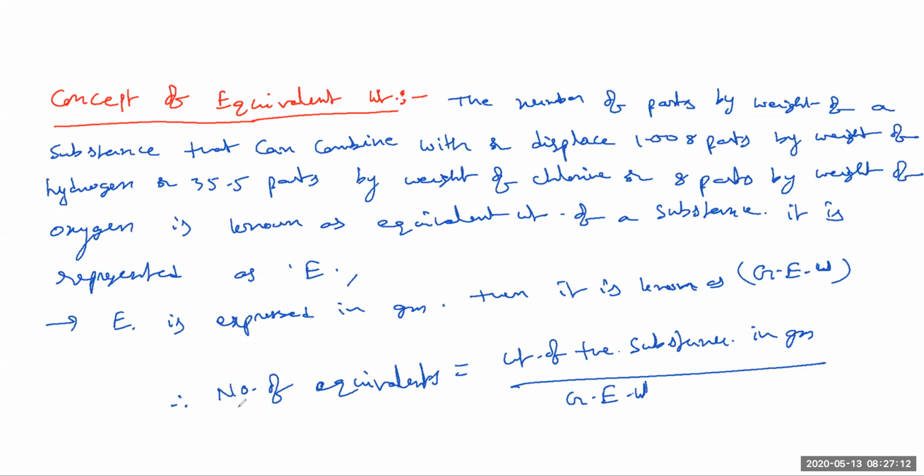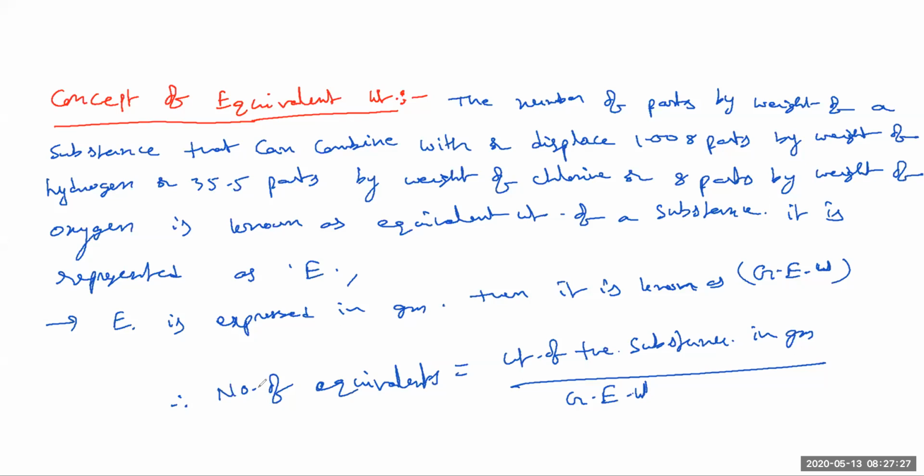The atomic weight of an element is always constant, but equivalent weight is not constant. Equivalent weight depends on valency, or n factor.